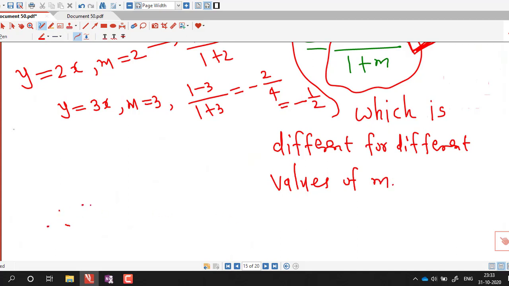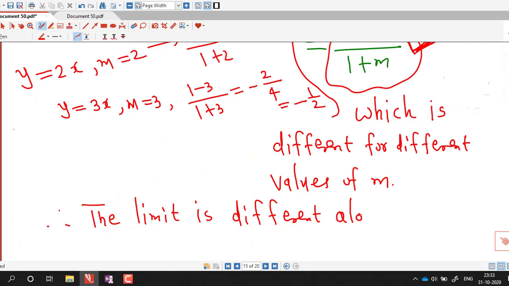Therefore the limit is different along different straight lines, because for different values of m we will have different straight lines. So the limit is different along different straight lines passing through origin.